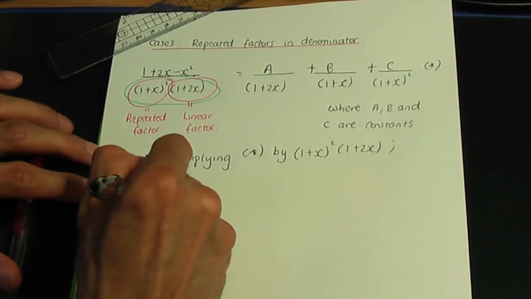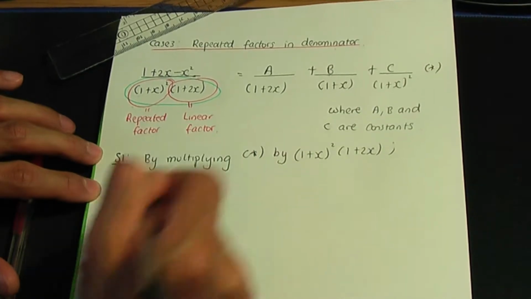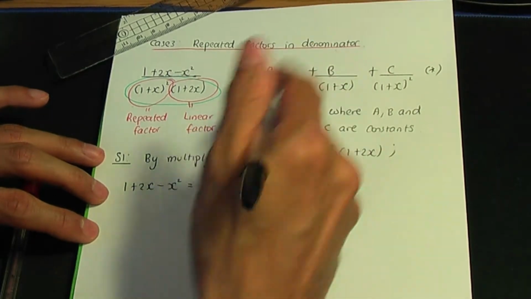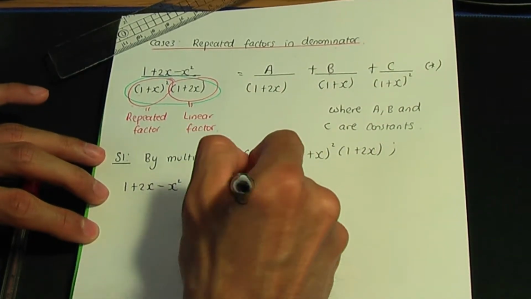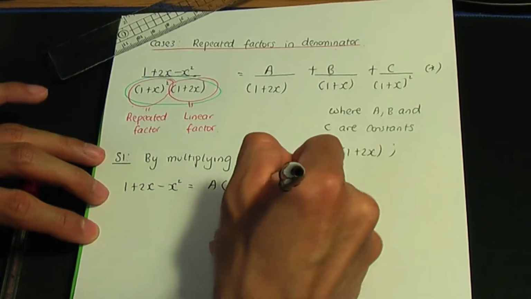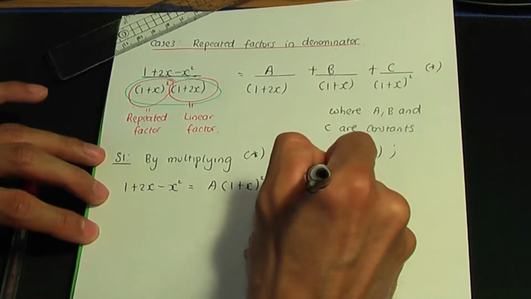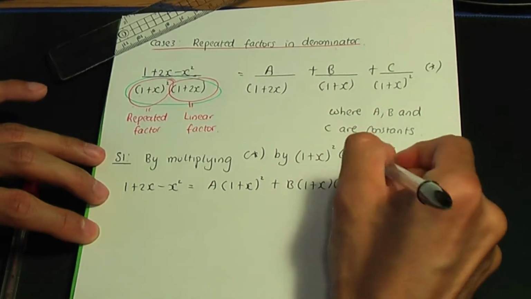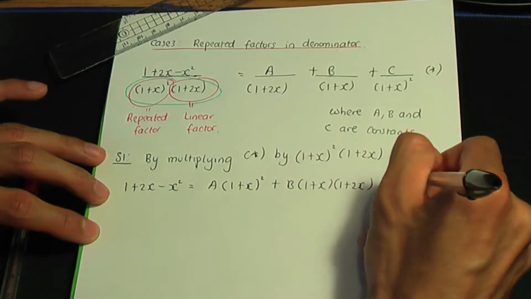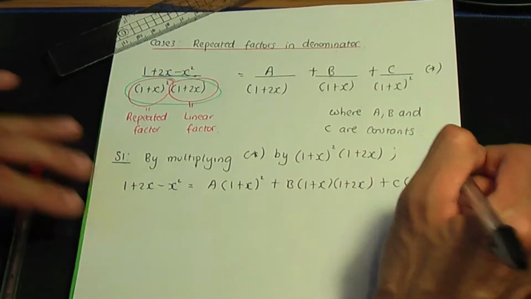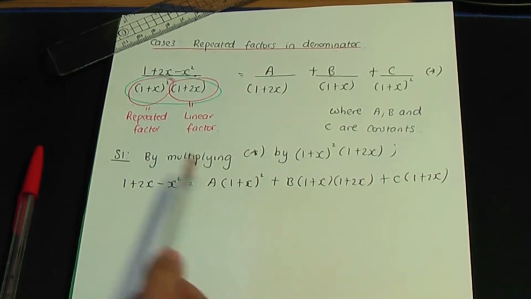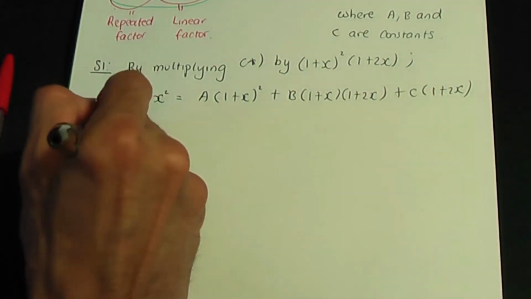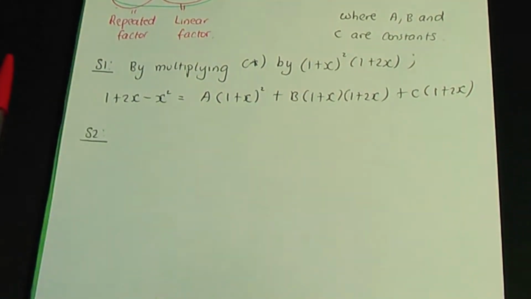We're going to have 1 plus 2x minus x squared on the left, and that is equal to, now be careful when you multiply, a into (1 plus x) squared, plus b into (1 plus x) into (1 plus 2x), plus c into (1 plus 2x). So be careful when you multiply by that term. That takes us to the next step, step number 2.